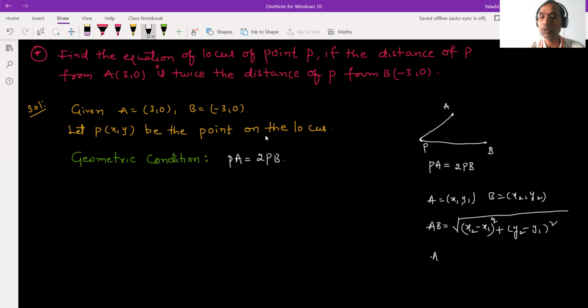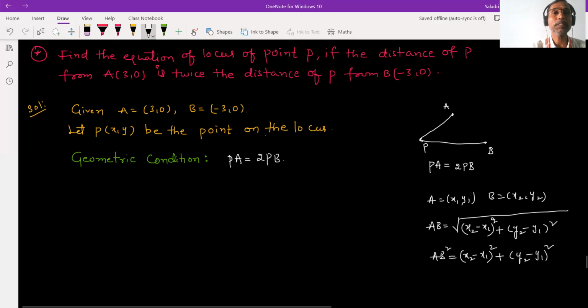If you want to write AB square, it is (x2 minus x1) whole square plus (y2 minus y1) whole square. You should remove the square root, because squaring on both sides cancels the square root. Based on this one, you should write the equation of the locus of point P.